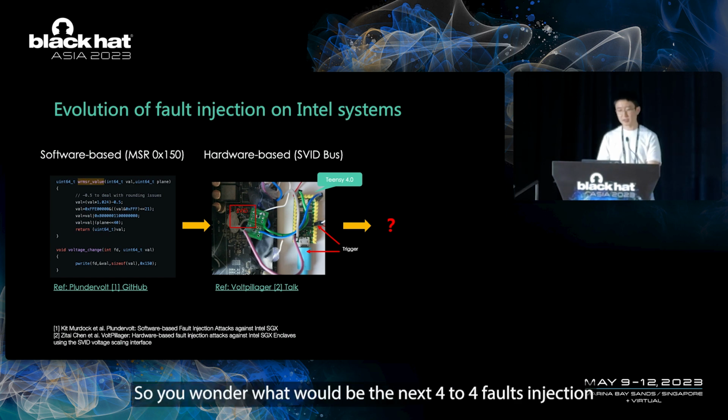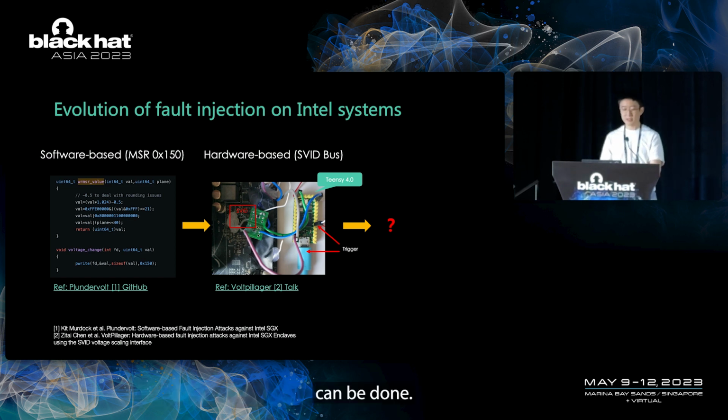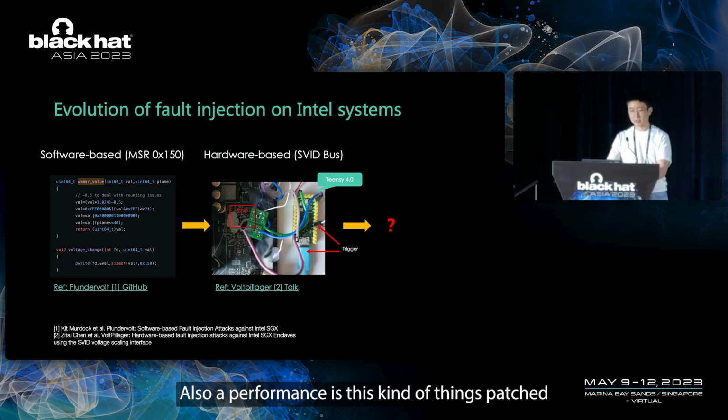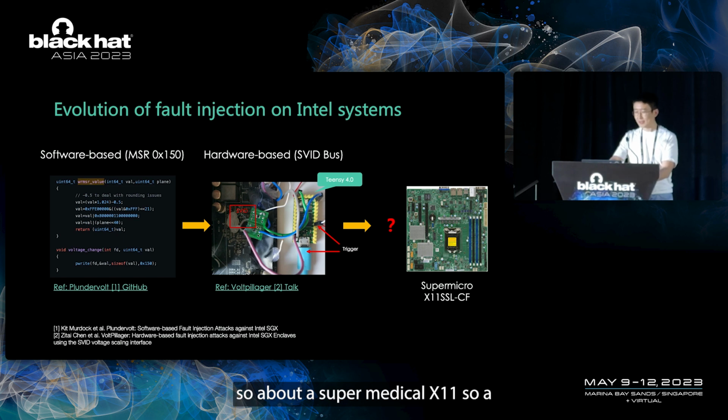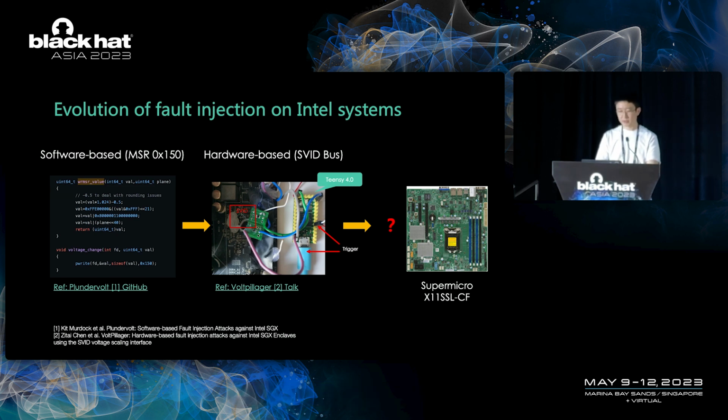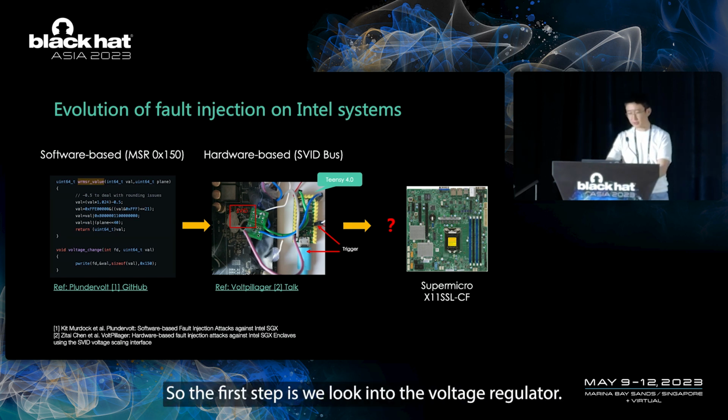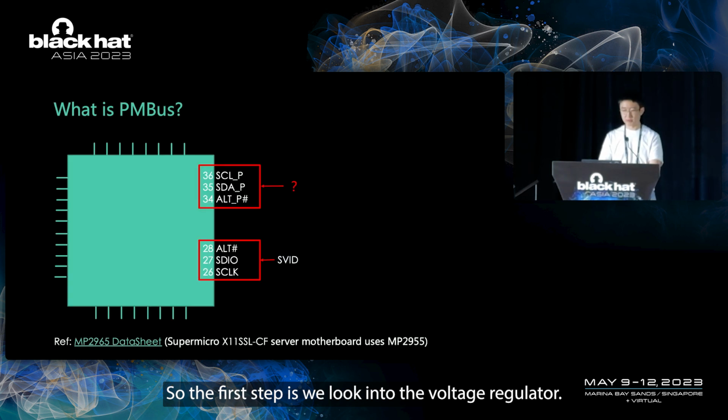So you may wonder what would be next for fault injection. Can it be done on server platforms with this kind of thing patched? So we bought a Supermicro X11 server motherboard, and we tried to do the same thing. The first step is we look into the voltage regulator.